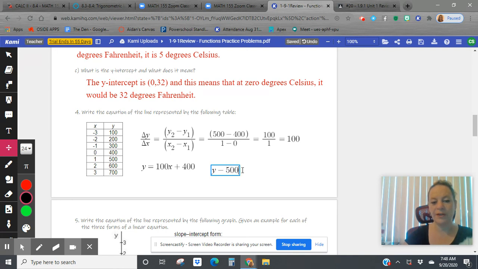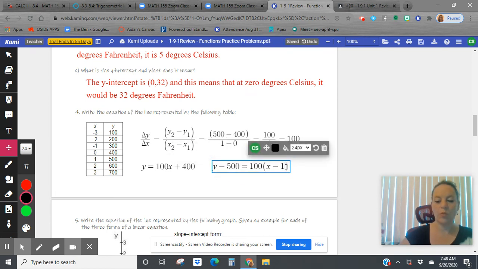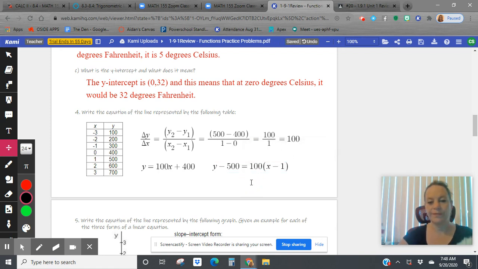I'm going to use 500 and 1, and slope of 100, x minus 1. You can use any x, y coordinate pair. This would be if I used the coordinate pair of (1, 500). If I distributed this down, 100x minus 100, added the 500, it would still simplify to this.